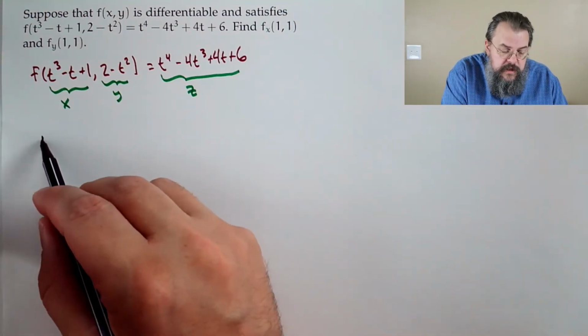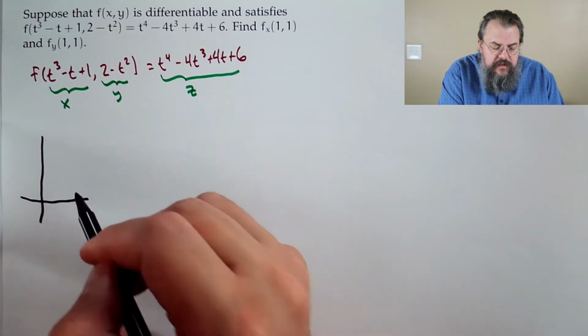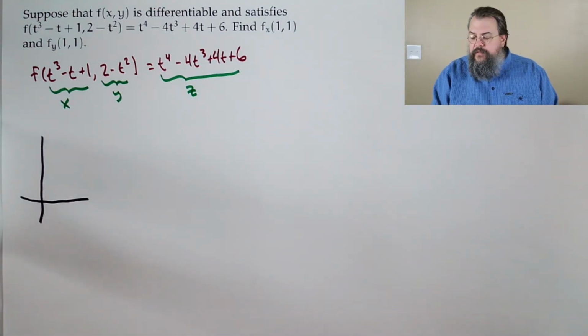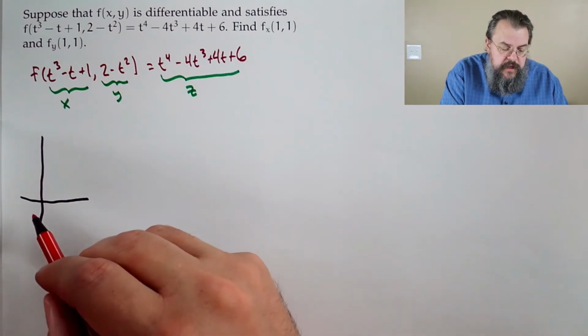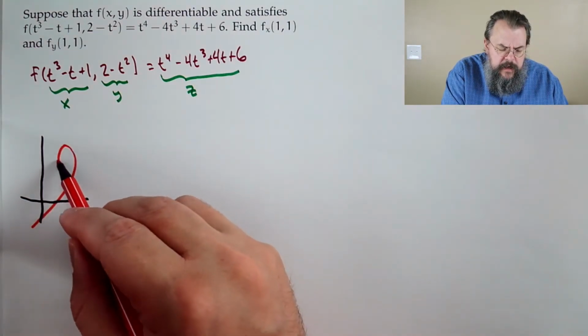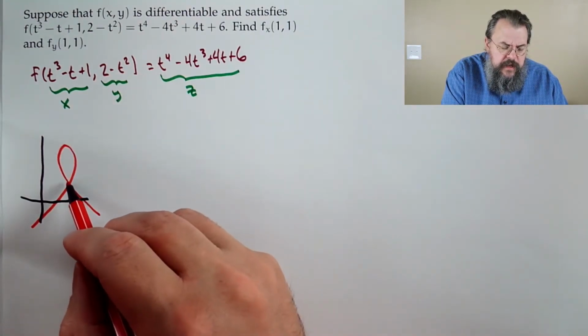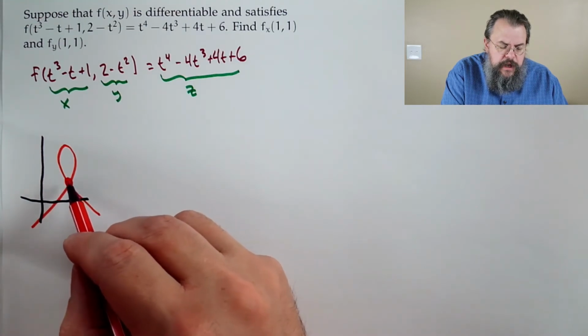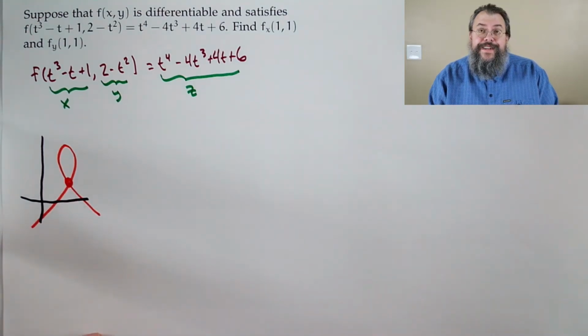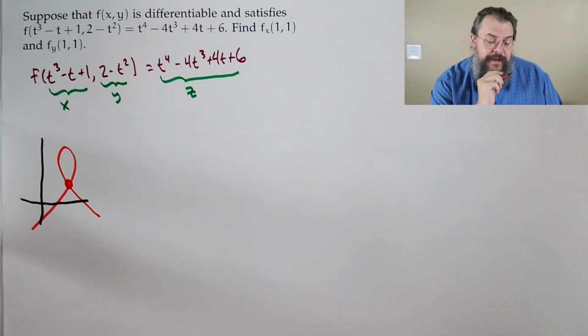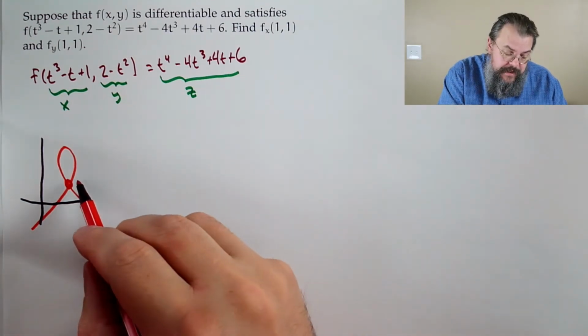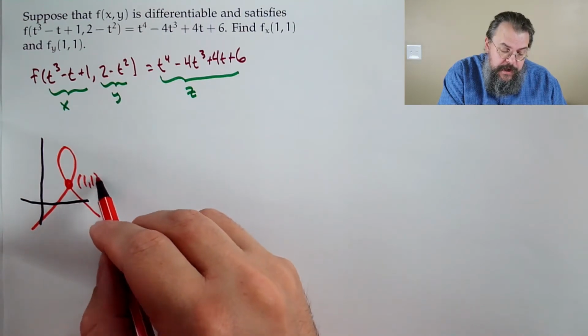It has the following shape. It comes up in some way and it crosses over itself. I drew my picture very poorly, but this crossover point is going to be important. I claim that this is at the point 1, 1.